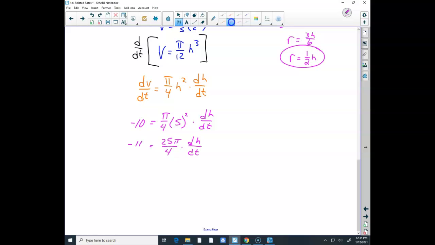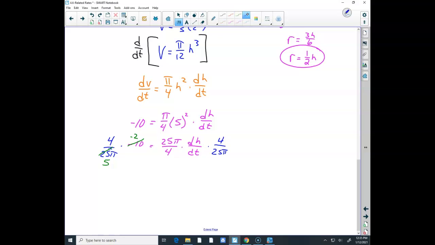That equals negative 10. And what I'm going to do is multiply both sides by 4 over 25 pi. I can see this 25 and the 10 are both going to reduce by 5, so that's a 5, and that's now going to be a negative 2.